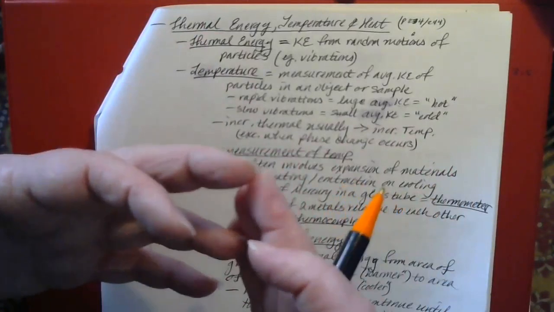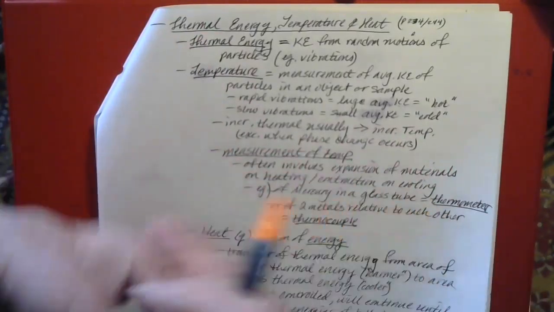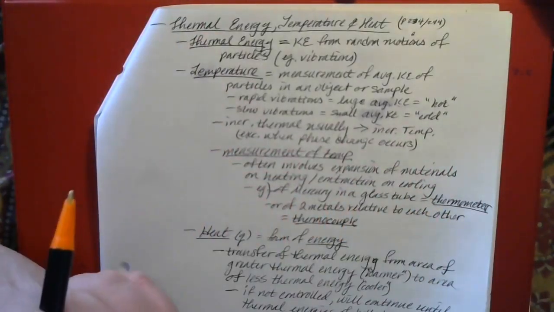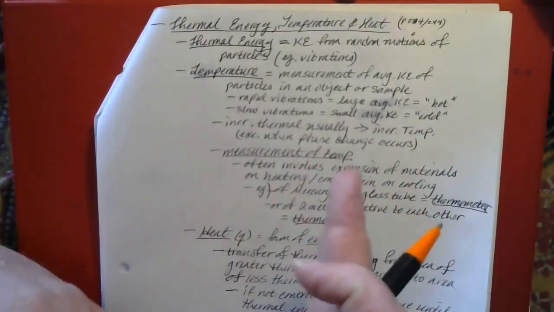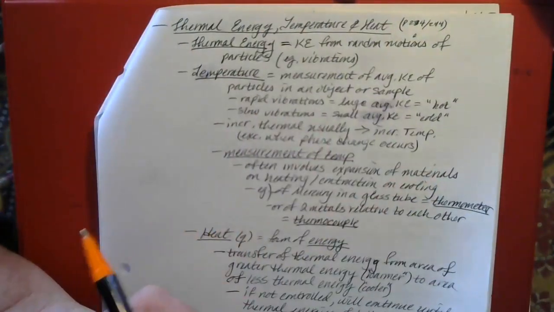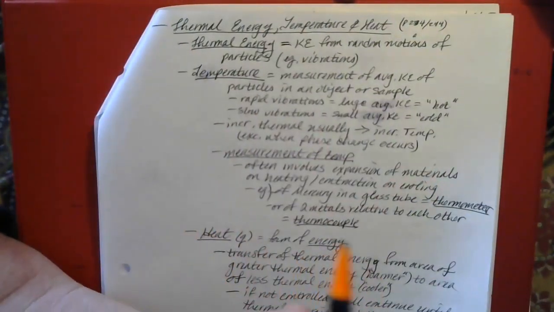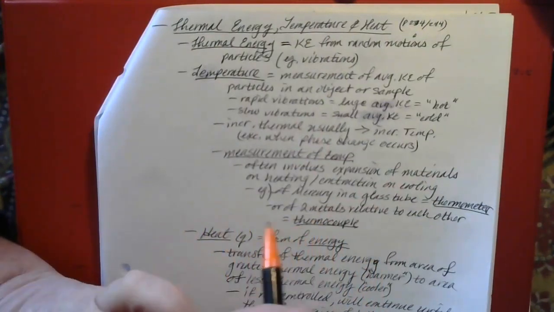That would include, if it's a solid, mostly just vibrations. If it's a liquid or a gas, then it would be a combination of the vibrations of the molecules and also the translational energy of them moving around each other. But all of that's kinetic energy because it all involves movement.